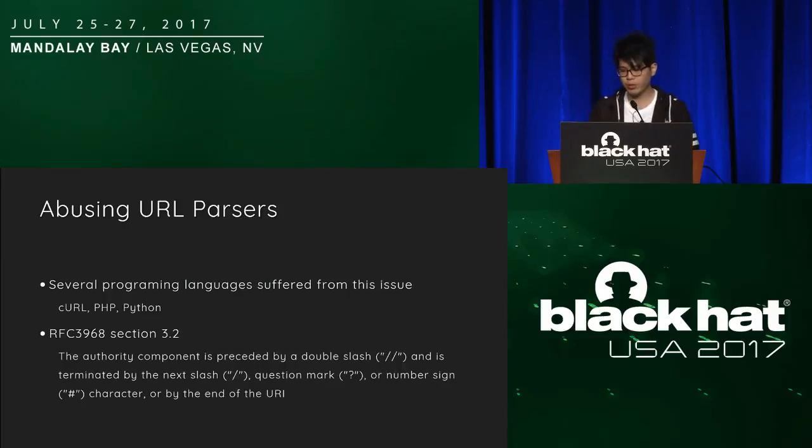Several programming languages suffered from this issue, like PHP, Java, Perl, and Python. According to the RFC, the authority part is preceded by a double slash and is terminated by the next slash, question mark, or number sign. So the appropriate authority part is evil.com.